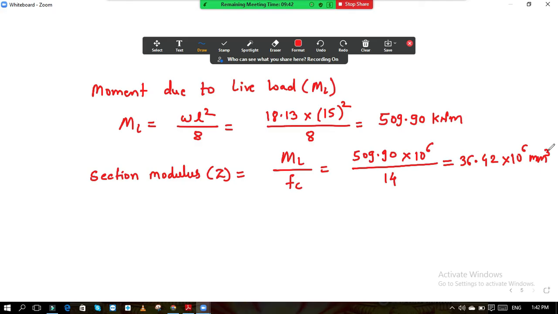Then what is our step number 3? Calculate the depth of the beam. So what is the depth now?